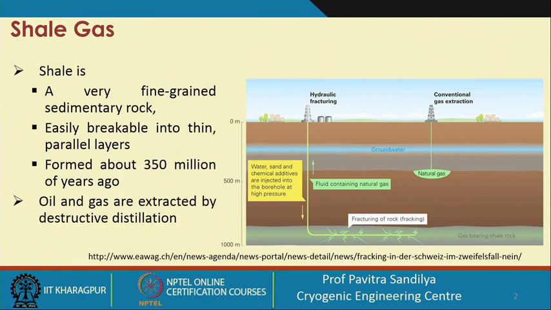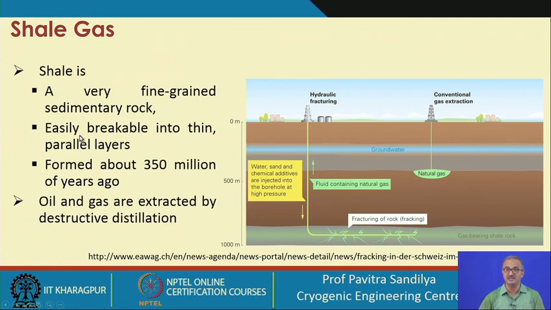Shale gas, as you can see, is formed within some fine grained sedimentary rock, and this sedimentary rock means there are layers after layers being formed, and these particular rocks are characterized by their brittleness.